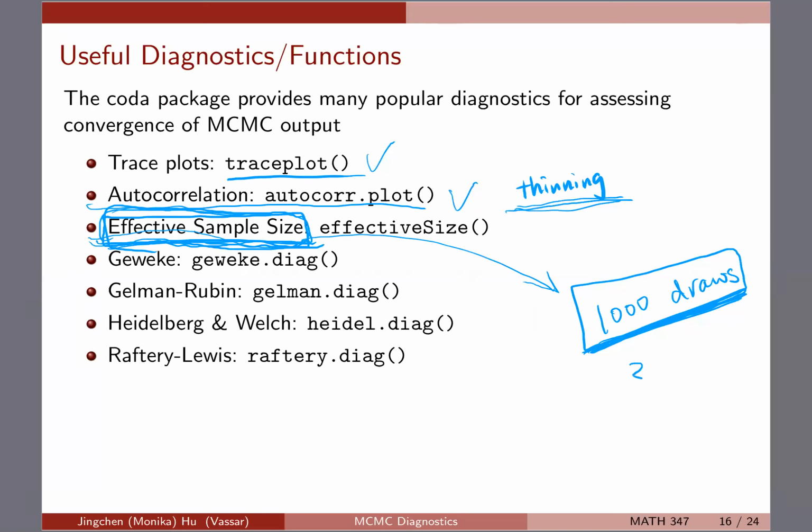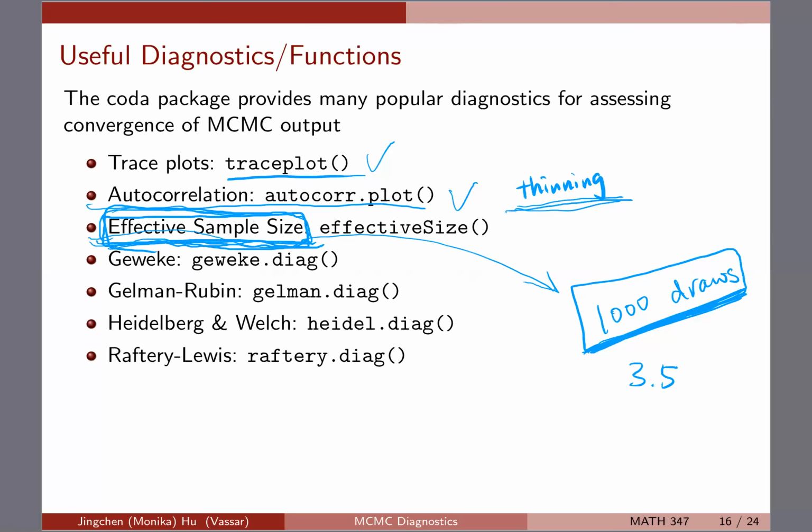So the effective sample size is trying to tell you, say among the 1,000 draws that are left, if the effective sample size is only 3.5, that's really bad, meaning that even though I have 1,000 draws available, I save them, and I'm trying to use them to make inference, they really only represent 2.5 independent Monte Carlo draws that you can get. So either they're still very sticky, or it doesn't explore the space well enough.